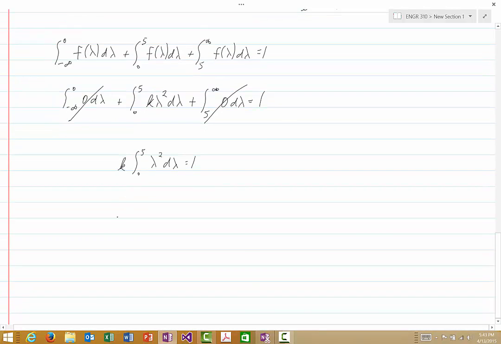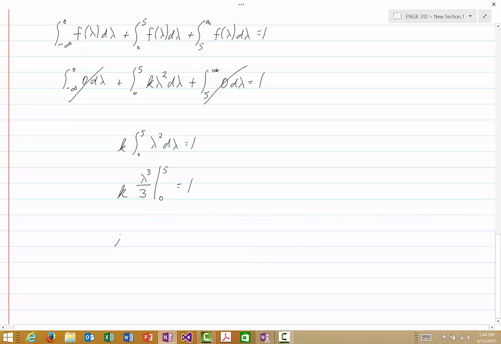And so this says k times lambda cubed over 3 evaluated from 0 to 5 is equal to 1. Therefore k times 125 over 3 minus 0 over 3 is equal to 1.